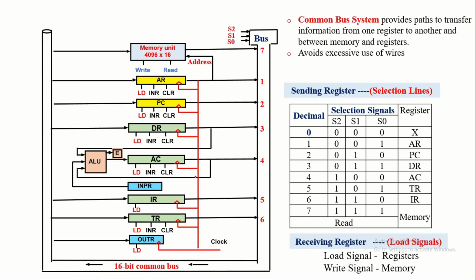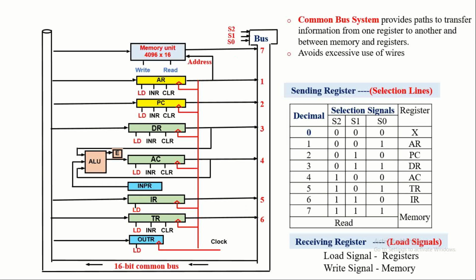So let us now discuss two very important points on the common bus. Though 6 registers and 1 memory unit are connected to the common bus, at a time only one of the components can transfer its information over the bus.